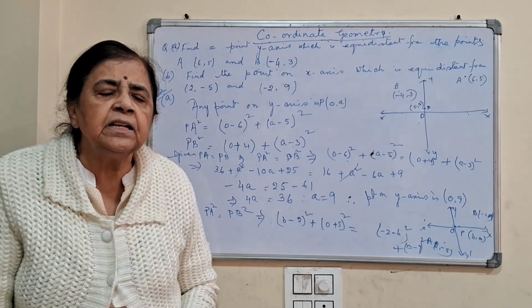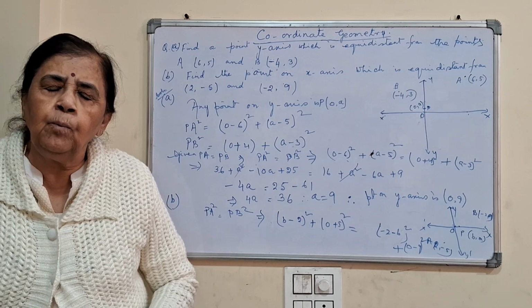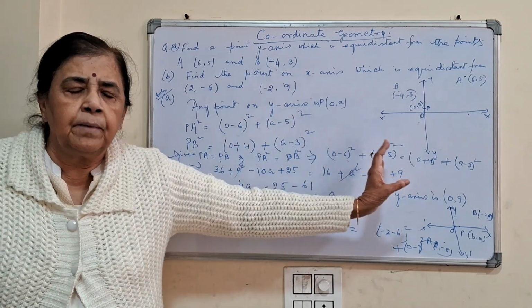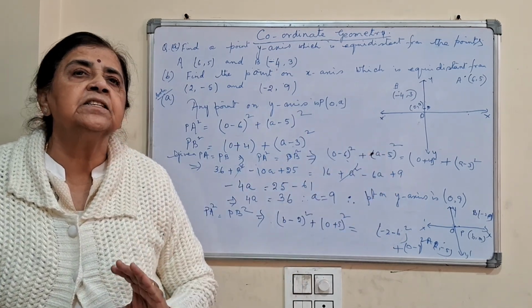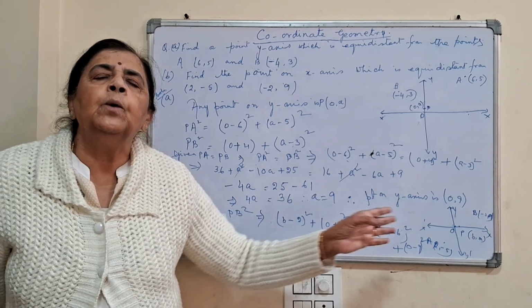I repeat: the point on the y-axis has x equal to 0, that is (0, a), and the point on the x-axis has y equal to 0, that is (b, 0).